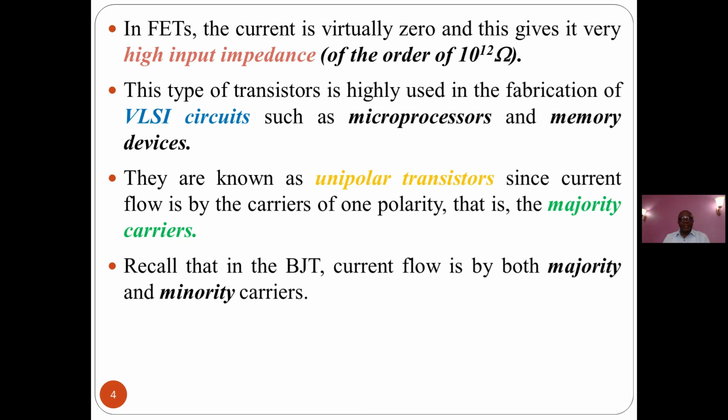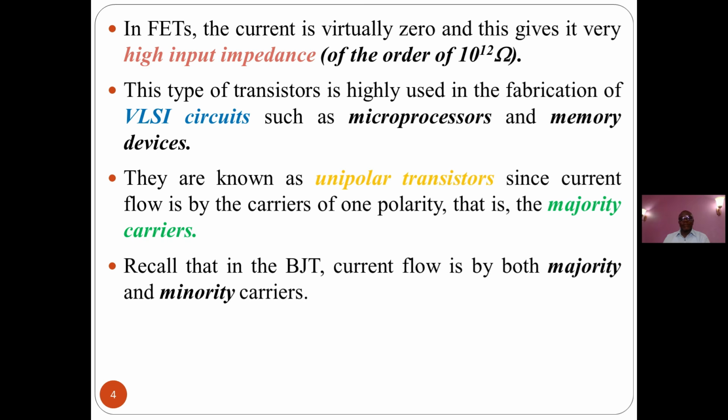In FETs, the input current is virtually zero, and this gives it very high impedance of the order of 10 raised to power 12 ohms. In the next few slides, we'll be talking about the importance of a device having high input impedance and what it implies.